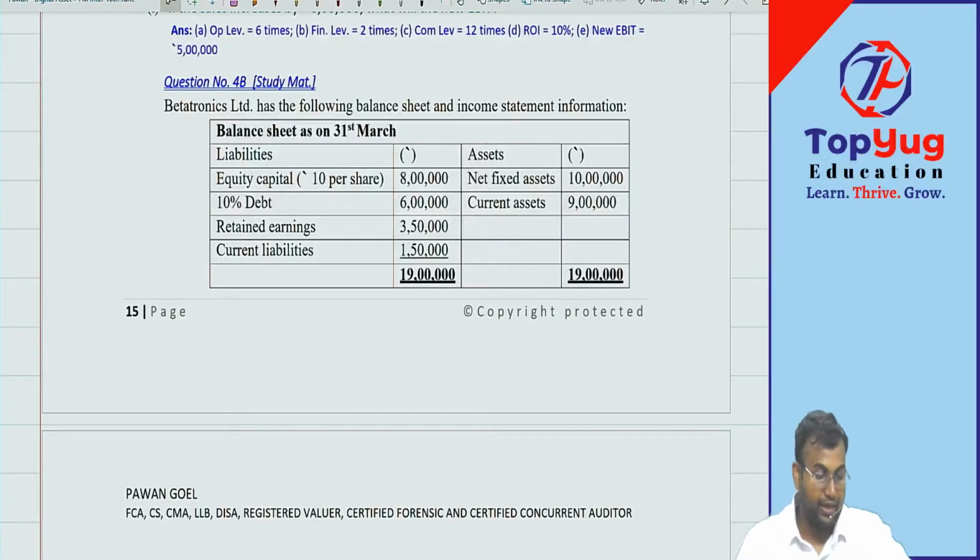On the liability side you have equity capital 8 lakhs, debt capital 6 lakhs, retained earnings 3 lakh 50,000, current liabilities 1 lakh 50,000. On the asset side you have net fixed assets 10 lakhs and current assets of 9 lakhs. So this balance sheet information will actually help you with only two numbers: one, the number of outstanding shares, and two, the calculation of interest.